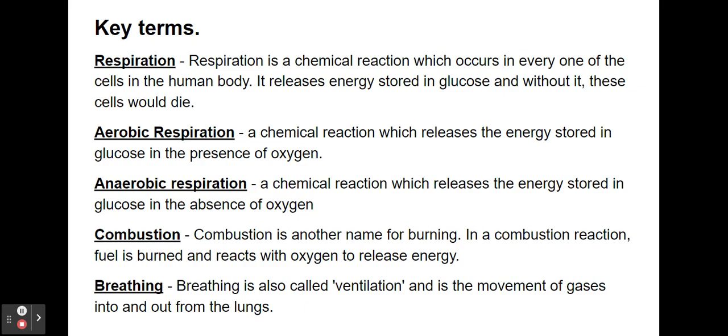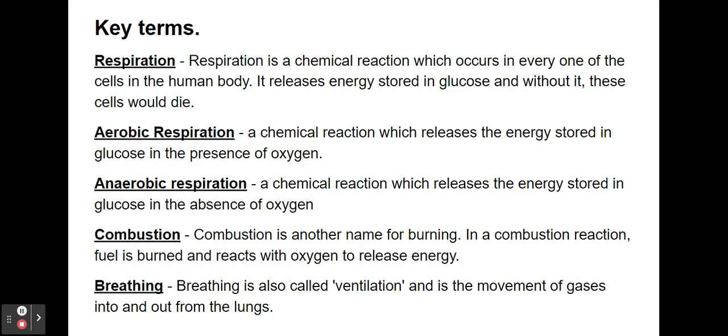Now, the other process that students confuse with respiration is breathing. Breathing is also called ventilation, and that's the word for the movement of gases into and out of the lungs. There'll be a revision video to support you in reviewing that process, but that is different from respiration.